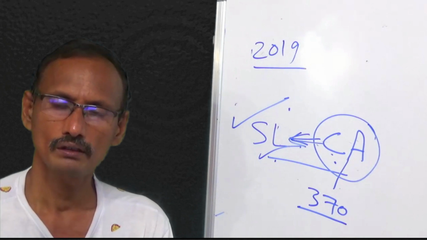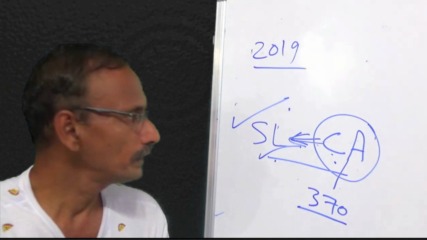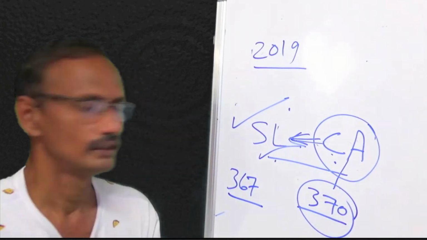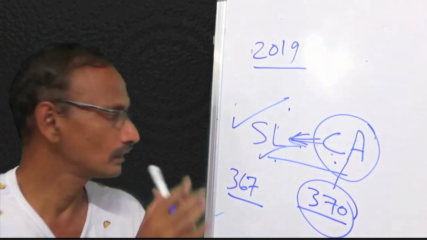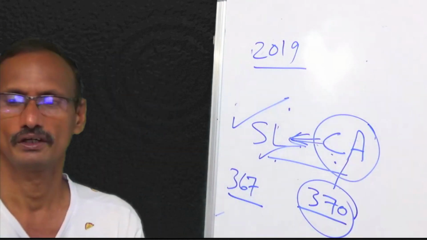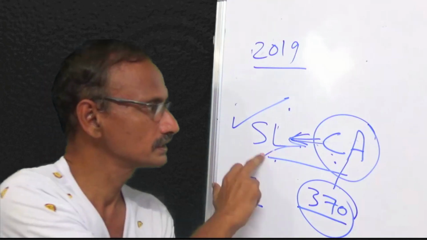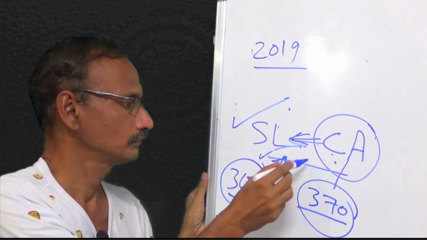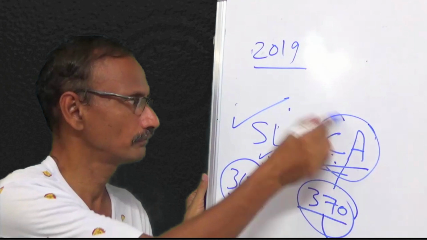So what the present government did was, instead of amending 370, they amended 367. 367 is a provision where certain terms are explained to facilitate understanding of the Constitution. So in 367, they said the state legislature can be taken as a constituent assembly. So in 370, accordingly, the constituent assembly will be equal to the state legislature.